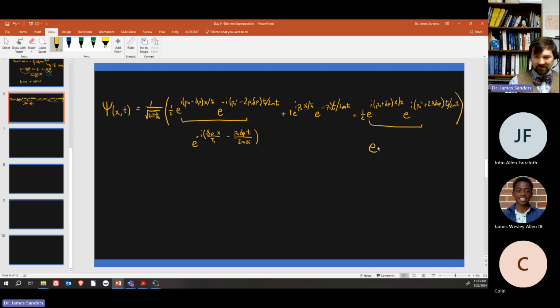And this term right here, and again, there's a half in front. If we combine these guys, you end up with e to the I, and then it's actually the same thing, dpx over h bar minus p naught dpt over 2m h bar, both of which are then also multiplied by this leading I p naught x over h bar term.